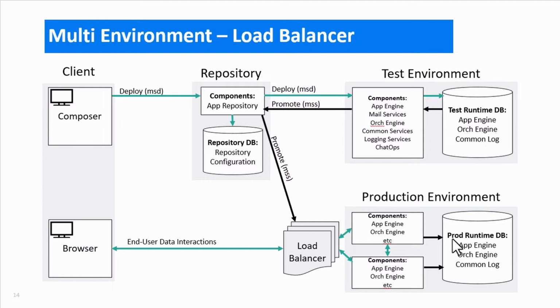And then we would have another one for the production runtime database combining these 3. That would give us in total one database for the repository, one for the test environment, and one for the production environment. That gives you a total of 3 SQL Server databases or 3 Oracle schemas.